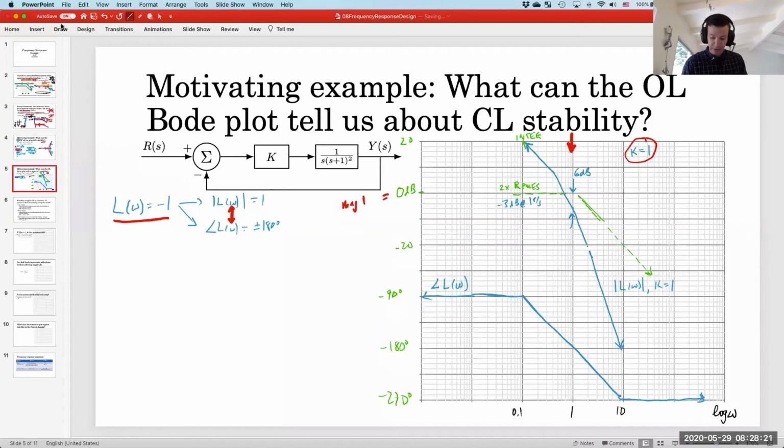Okay, so that's all well and good. That means that for this k, there is no frequency for which both of these are satisfied. Which means that for this k, the system is not unstable.